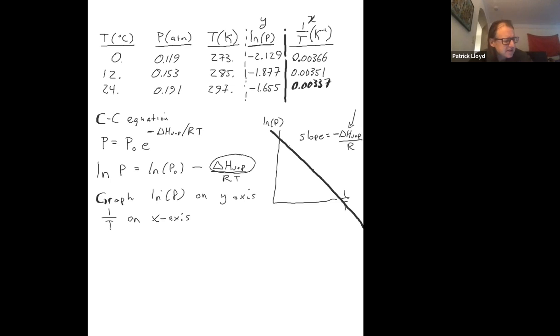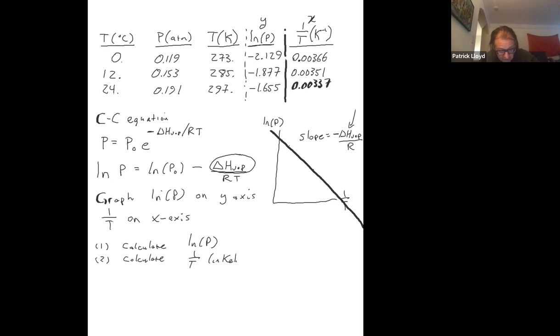And this is a very standard problem in Chem 11, but also in Chem 12, when you do what's called kinetic analysis. You'll do these kinds of graphs here. So here's the idea then. Step 1, we calculate ln of p. Step 2, we calculate 1 over t in Kelvin.